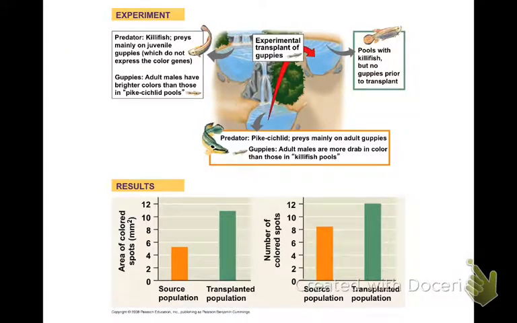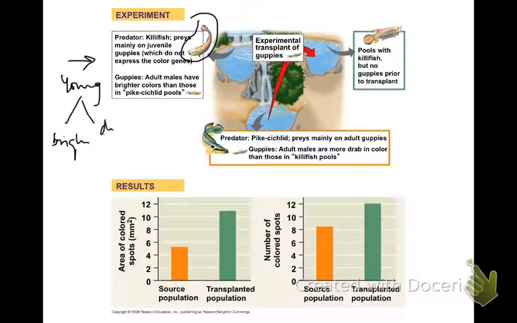And then what happened was, he had this artificial lake. In this artificial lake, he first had one predator called killifish. This killifish preyed on the juvenile guppies, meaning they were young and they still did not show whether they were going to be brightly colored or dull.